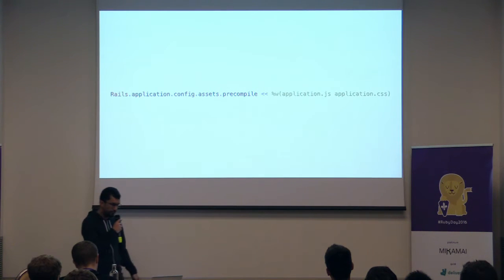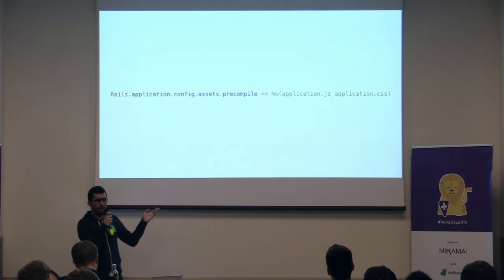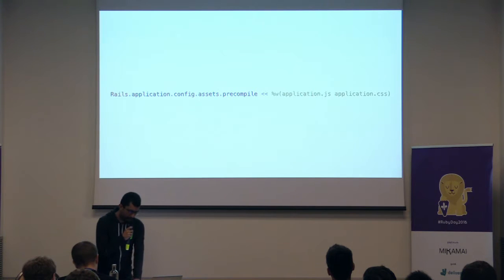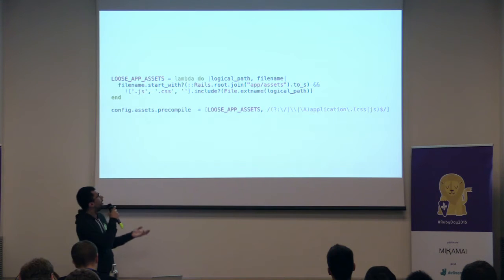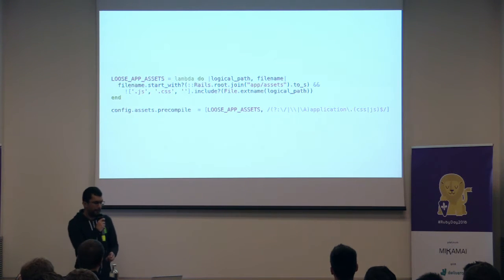But this is not true, because you think it's only those two files, but actually Sprockets has a default value that looks like this, and it's really hard to understand what's going on there. It's basically saying that any single file that's not JavaScript or CSS is going to be precompiled, and also application CSS and application JS.